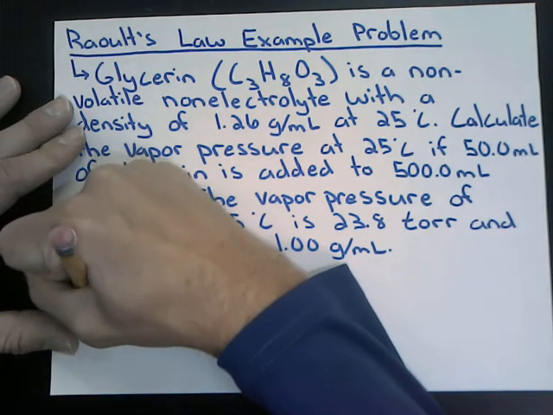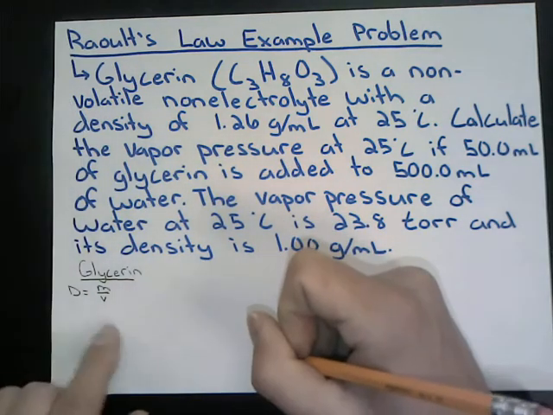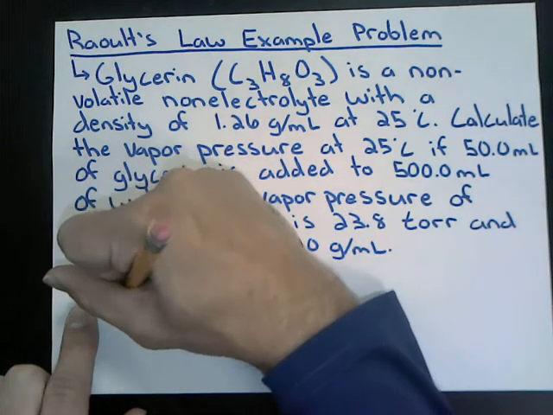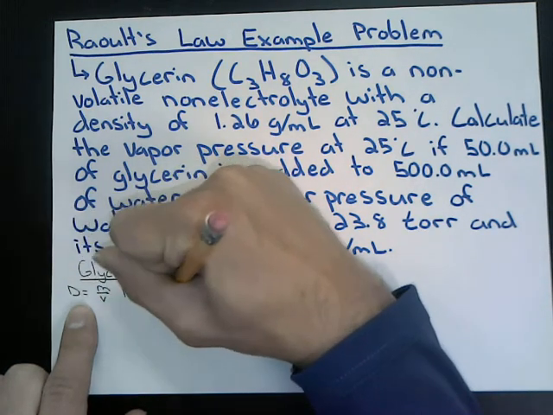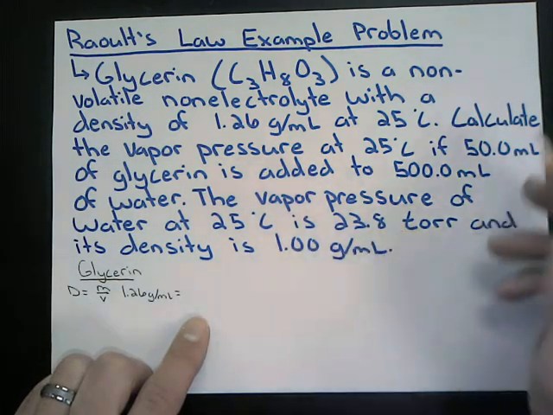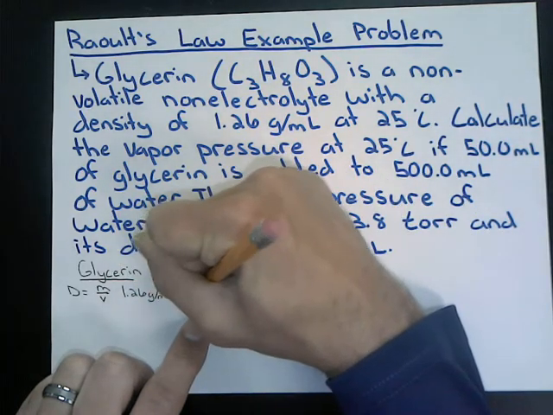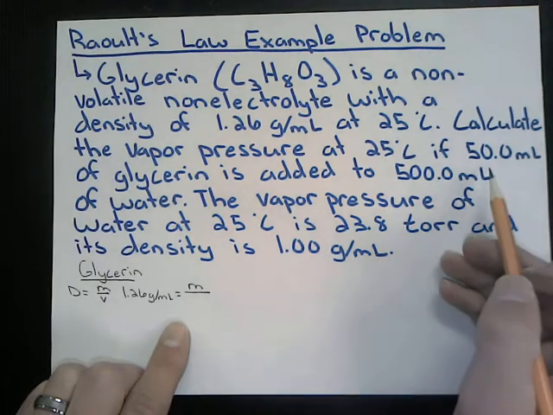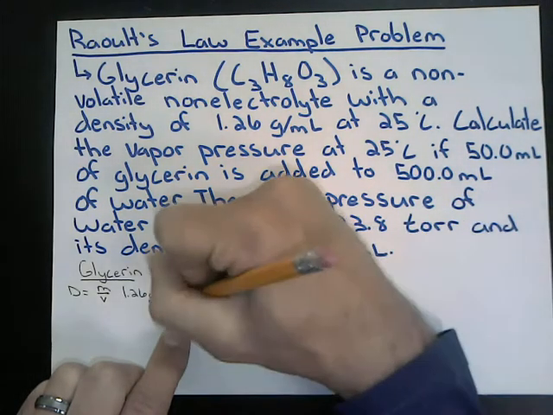So just to remind you what I'm doing here, I'm going to utilize what I know about glycerin, which is its density, 1.26 grams per milliliter, equals our mass, which nowhere on here says anything about, so that's going to be our variable, divided by our volume, which it says in our problem we have 50.0 milliliters of glycerin.